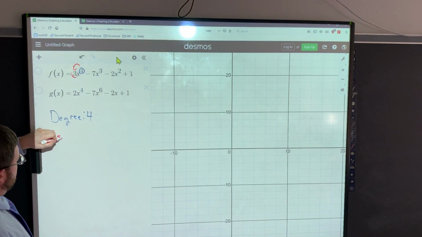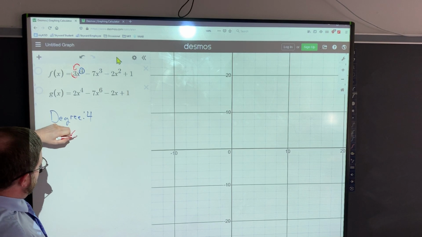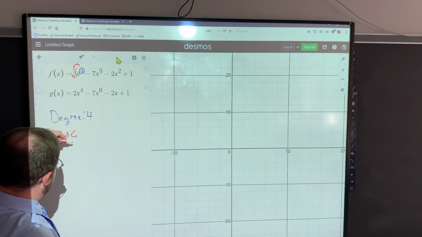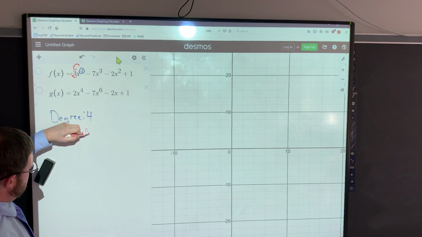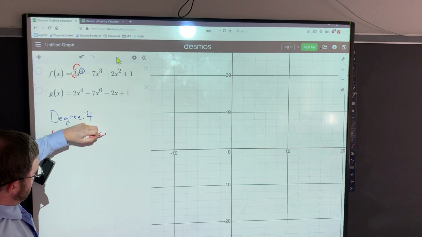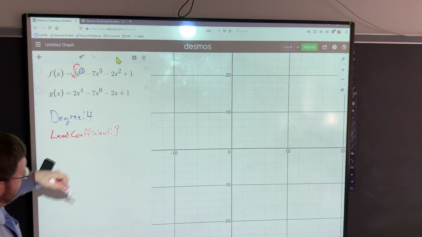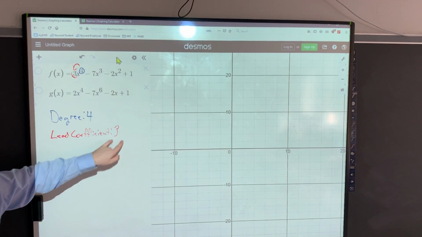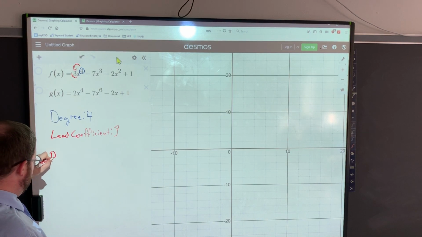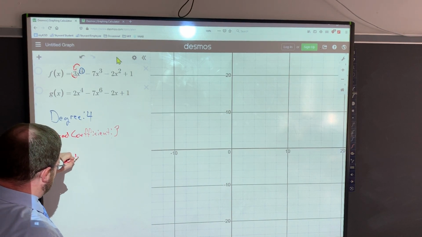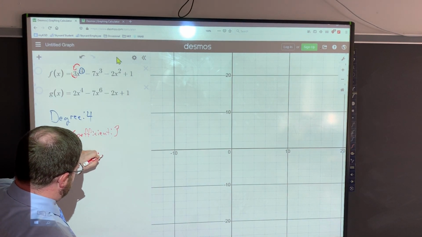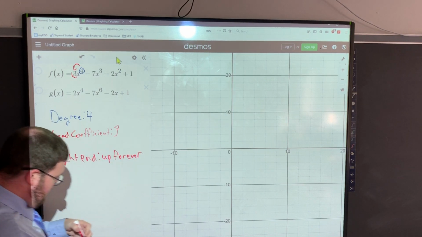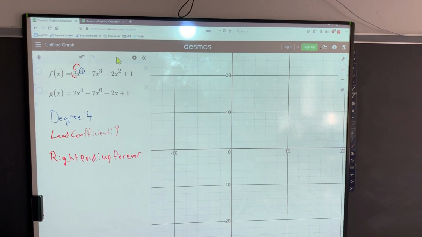My leading coefficient, which I'll often abbreviate LC, is 3. If you look at your notes, it says that a positive leading coefficient means the right end goes up forever if the leading coefficient of the polynomial is positive.